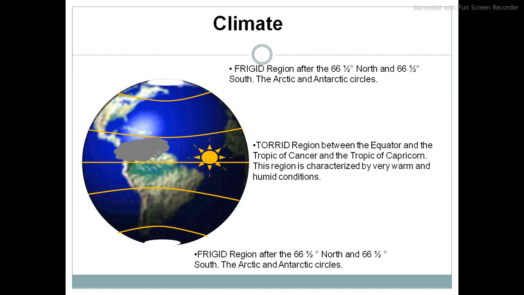As you are observing in the video, this part is the torrid zone: sun rays, cloud, rain. The torrid zone is the region between the equator and the Tropic of Cancer and the Tropic of Capricorn.